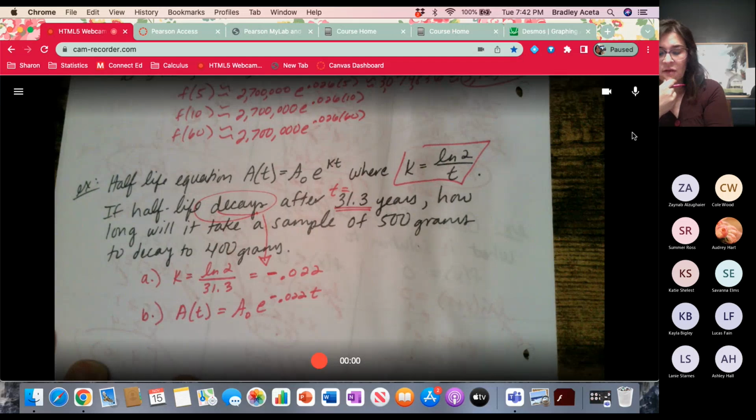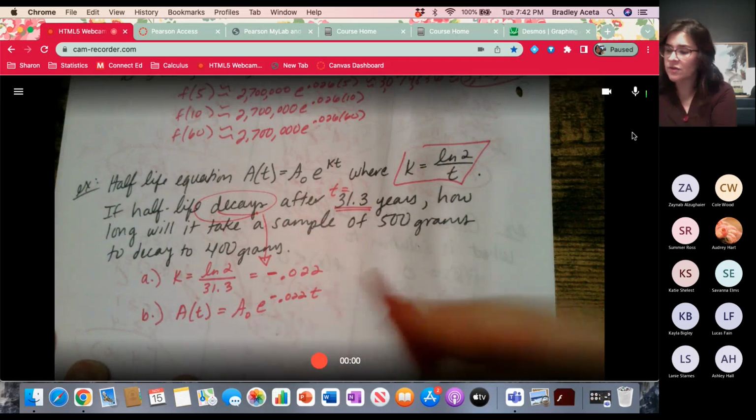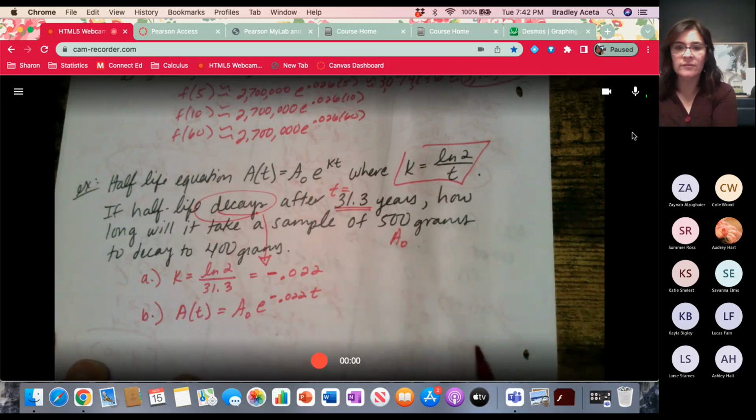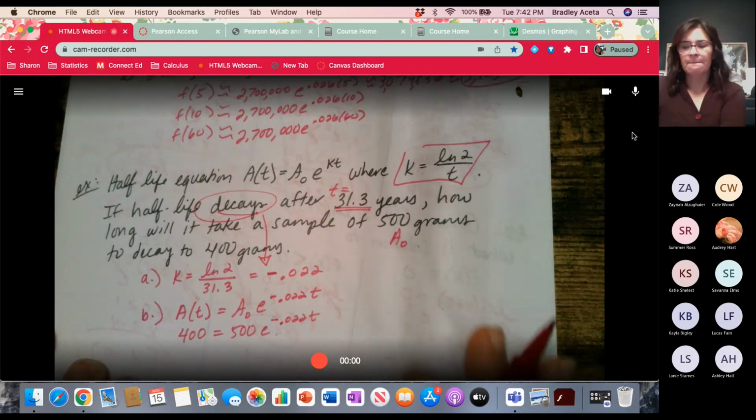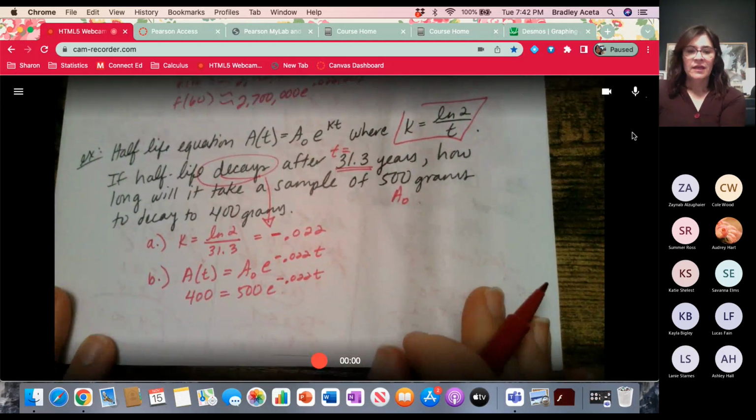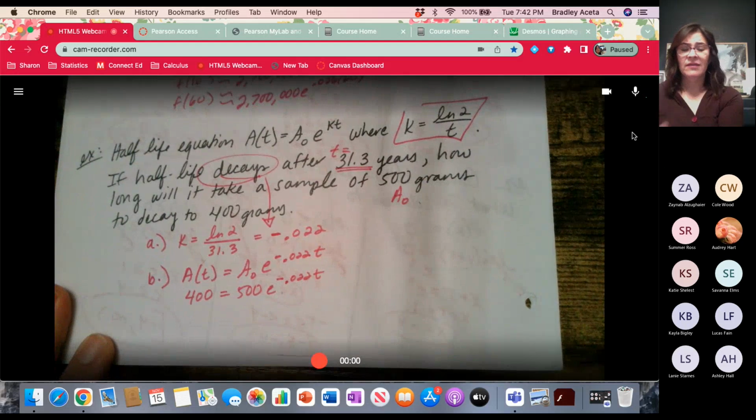So 500 must be my initial amount, and 400 is my final amount. So this would be 400 equals 500 e to the negative 0.022 t. And again, what this whole chapter has been about: get that e by itself, and we're going to have to do a log.